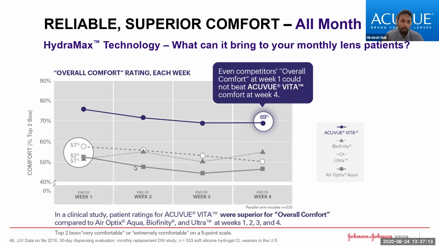So not only does it outperform the other lenses at week 1, the comfort levels that you find with this product at week 4 far exceed the competitor lens at week 1. So it's the patients telling us the overall comfort is really, really good throughout the month.